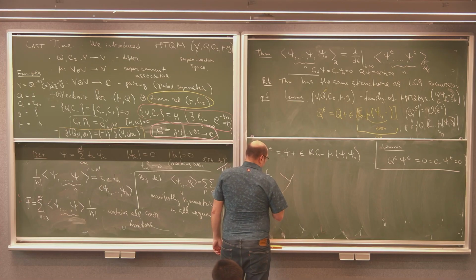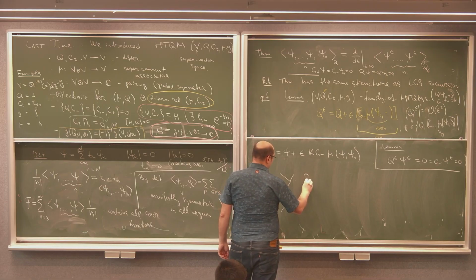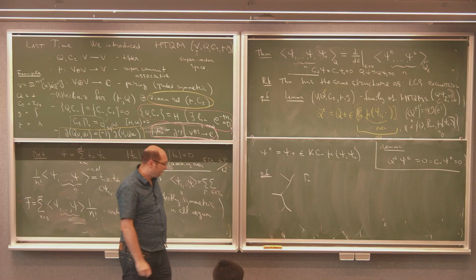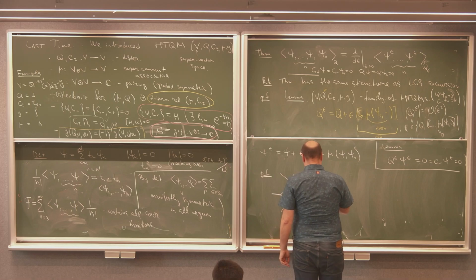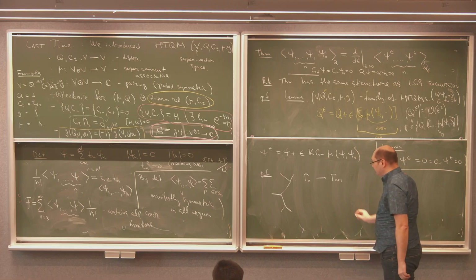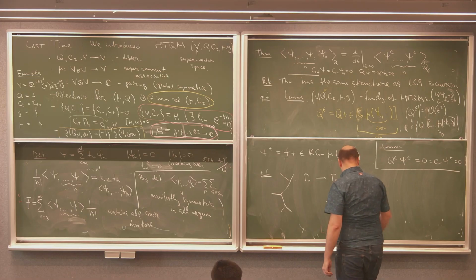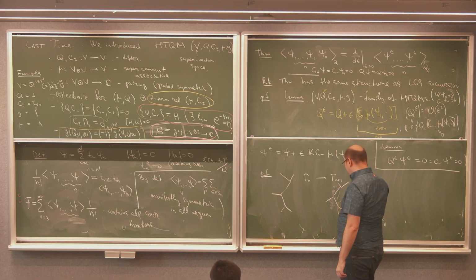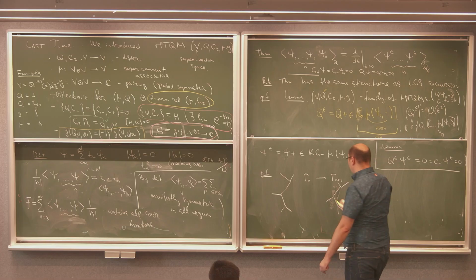If I have a tree with n leaves, then I can generate a tree with n plus 1 leaves by doing the following operation. I can attach an additional leaf to any of the edges.